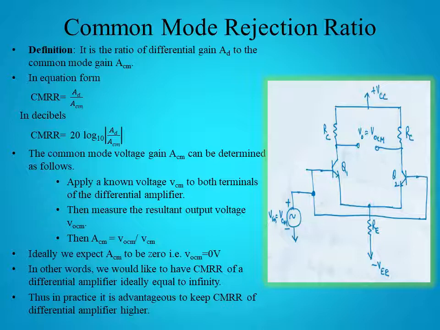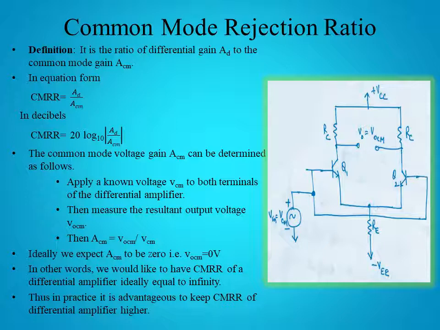Ideally we expect ACM to be 0, because the differential amplifier should have the ability to reject all the common input signals, so the gain should be 0, or VOCM should be 0. In other words, we would like to have CMRR of the differential amplifier ideally equal to infinity.